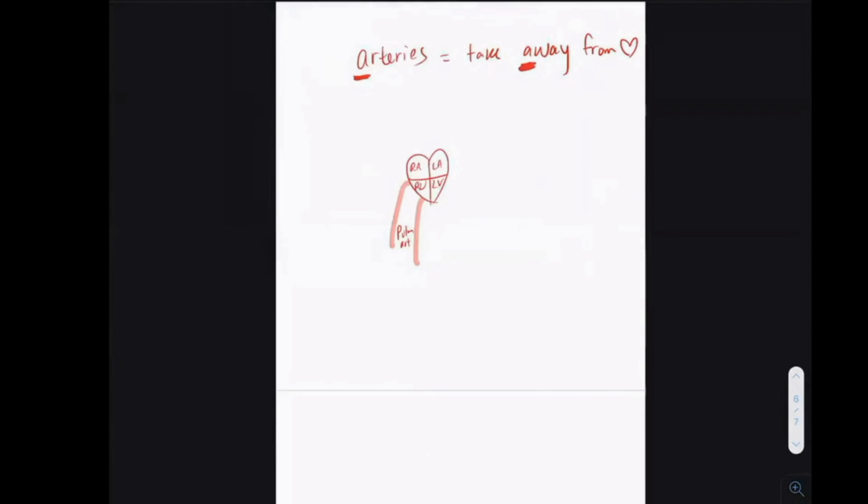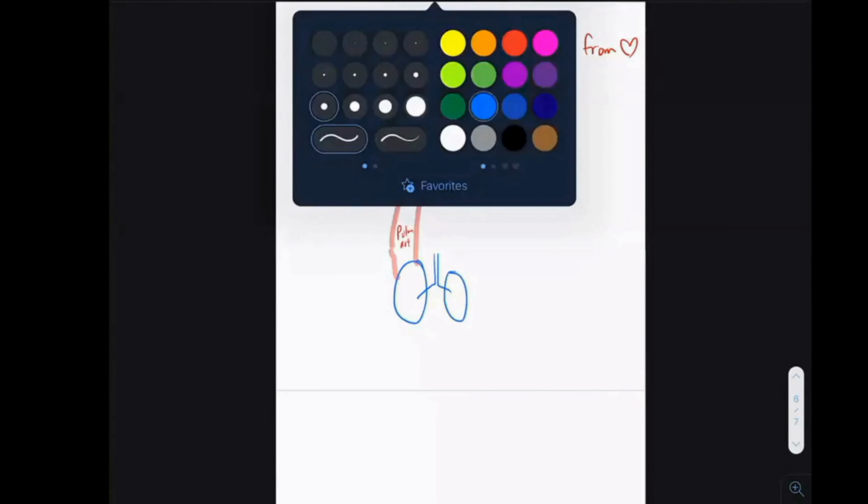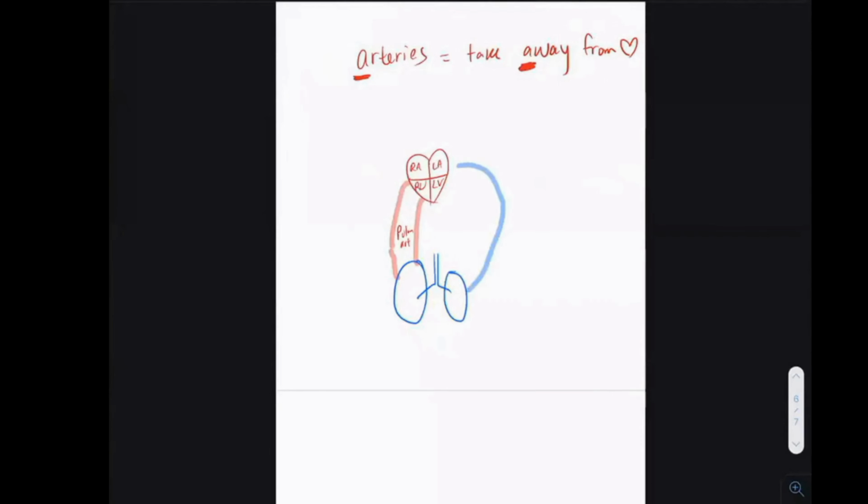So let's draw in your lungs here. And we'll just, obviously this is not anatomically correct here, but this is to illustrate a point. So the pulmonary artery takes the used up blood to the lungs. And then the pulmonary vein is going to take the oxygenated blood to your left atrium.